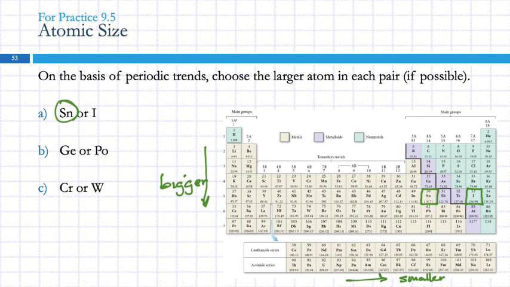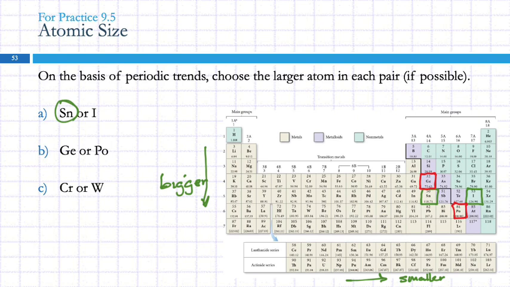Germanium or polonium. I'm going to find these. Here's germanium, and here's polonium down there. These are at a diagonal, right? Going left to right, polonium is to the right, and the trend would say that polonium is smaller. But looking vertically, going down, it gets bigger, and that trend says that polonium is going to be larger.